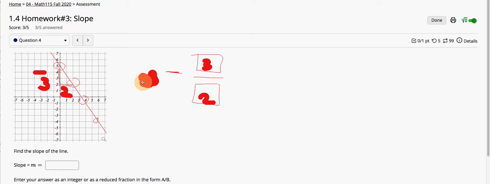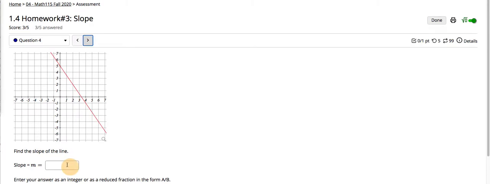Nope, still big. Okay, I may have lost control of it. Oh, there you go. So it looks like the slope is a negative 3 over 2. Now, I'm going to verify that by going down 1, 2, 3, over 1, 2. That did hit. So it's going to be a negative 3 over 2.